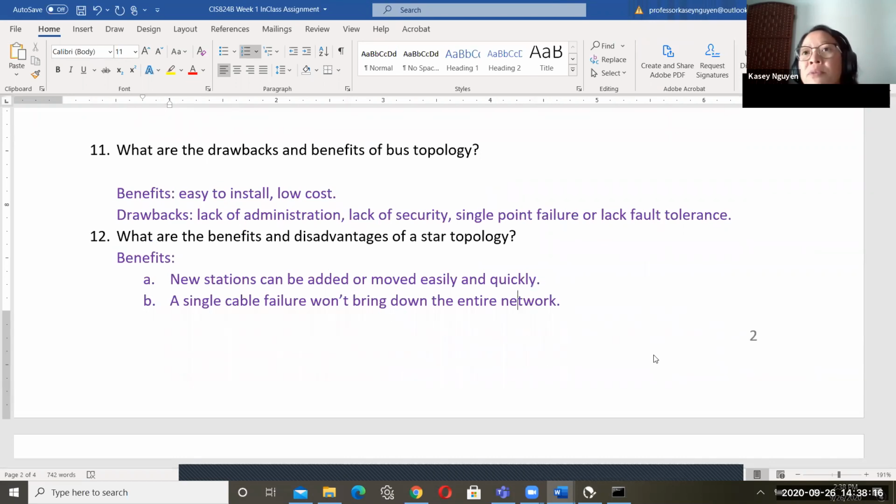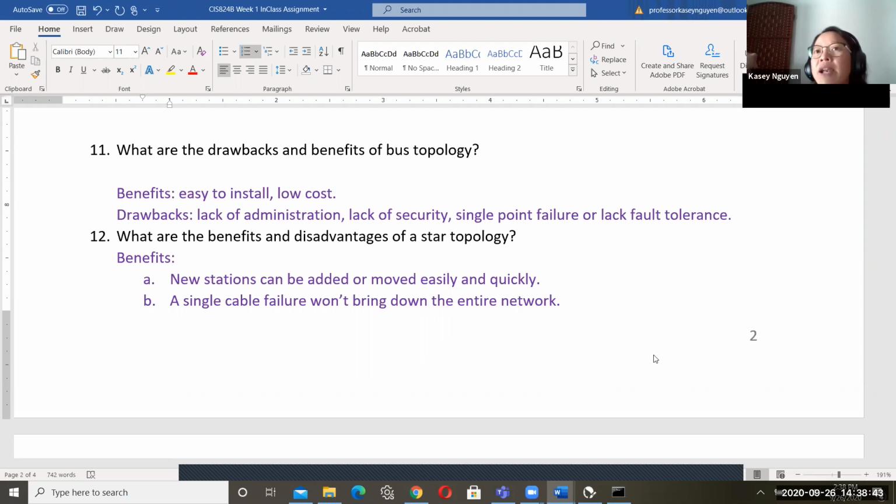Let's say you hire more people, you can add workstations to that switch or that hub. Okay, and the hub is dumb. It cannot be managed. It's like a repeater. It repeats the signal. The switch, it can be managed, right? And we can configure that. A single cable failure won't take down the entire network.